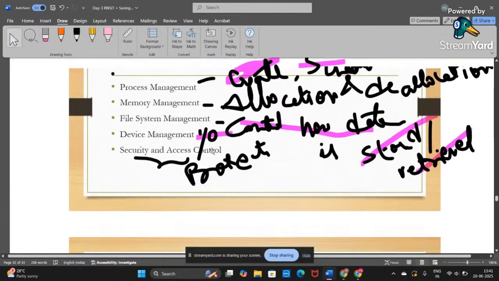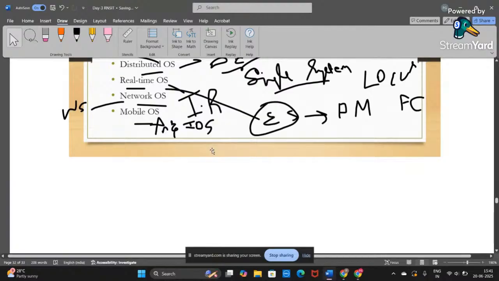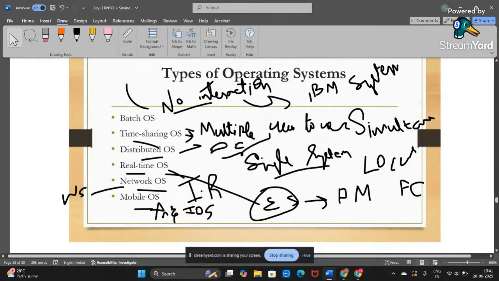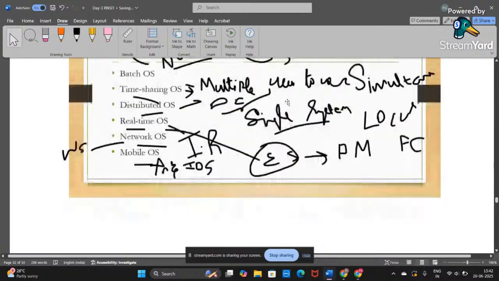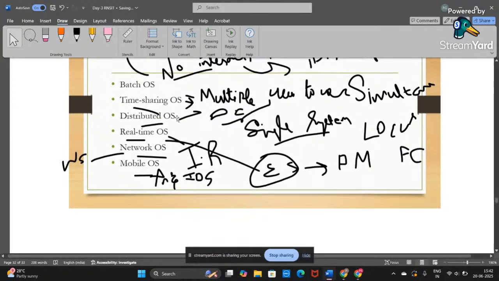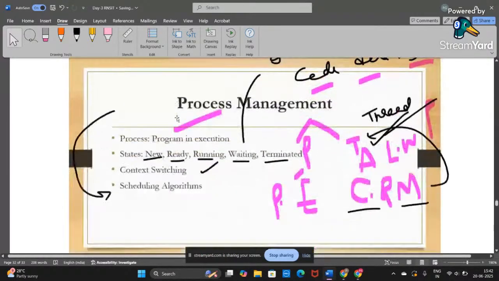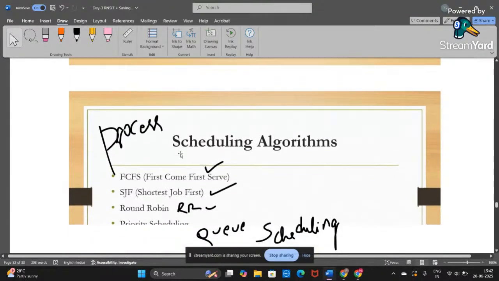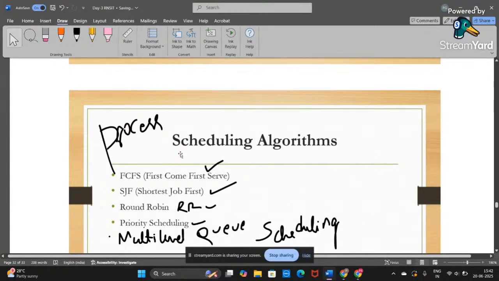Based on this, you'll get a question. Then we saw the types of operating systems. Then process management. Then the process scheduling algorithms we have seen.